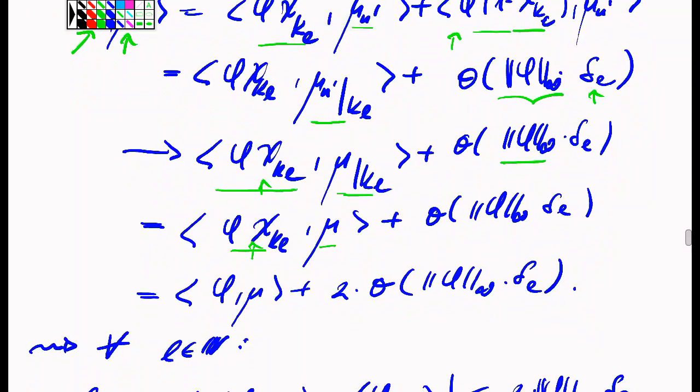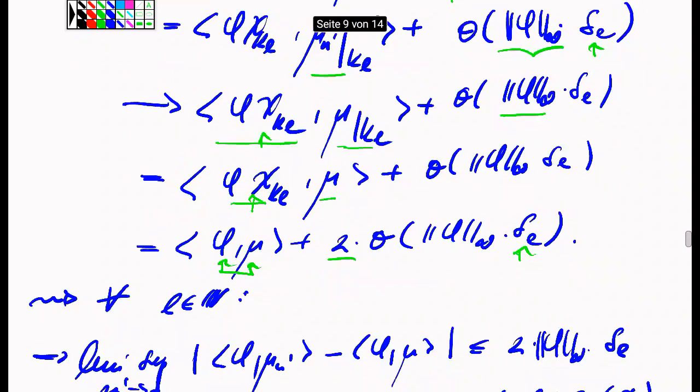And again, we can smuggle in the indicator function of the complement of the set K_L and use the same argument as above to convince ourselves that the difference between the full integral of phi against mu and the integral of phi when integrated against K_L is maximally of order delta_L, so that we get this error term at most twice in the end.